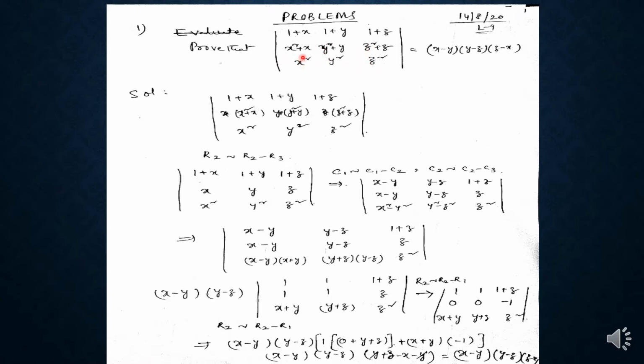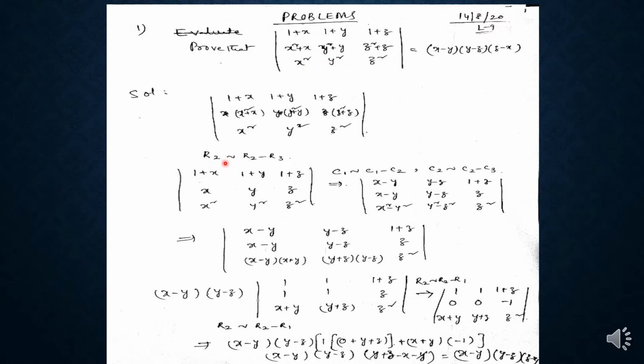So by applying R2 as R2 minus R3, R1 and R3 are constant. We are changing only the second row, by R2 minus R3. The first row is 1+x, 1+y, 1+z, and the third row is x², y², z².